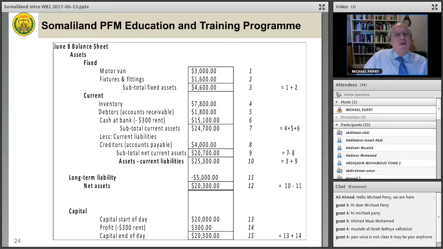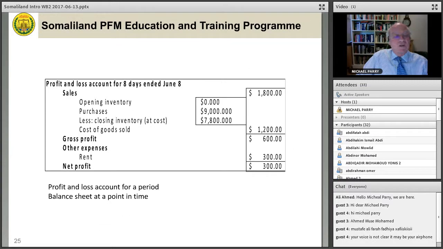Now obviously we need to introduce the second of our financial reports, the profit and loss account, in a proper format, so that gives an explanation, rather than having to work it all out from the balance sheet, of what's happened. Notice that the profit and loss account is for a period.